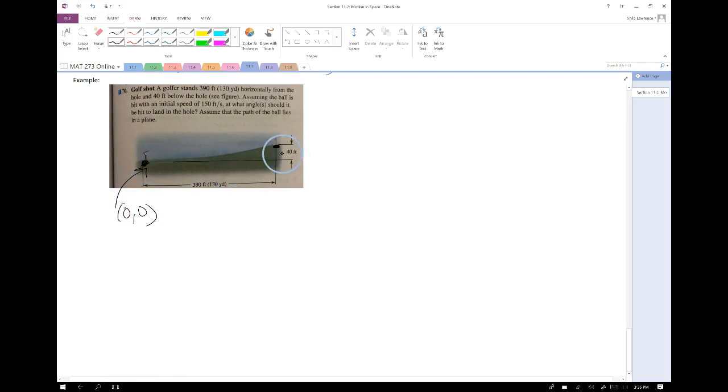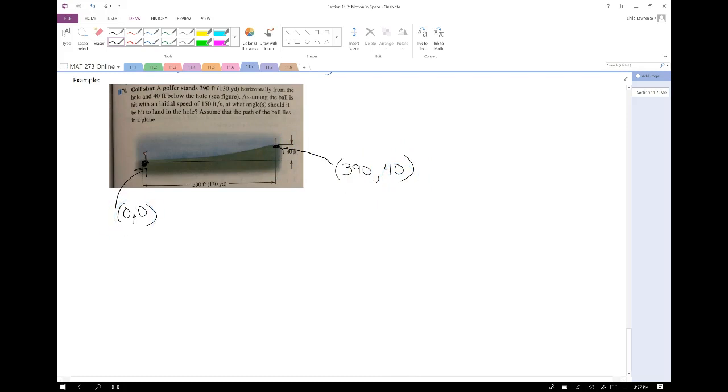And we want this ball, even though any of you who play golf know this is completely unrealistic, to land in the hole with no bouncing or rolling in between. So yeah, it's kind of unrealistic, but that hole is 390 feet away horizontally and 40 feet away vertically.